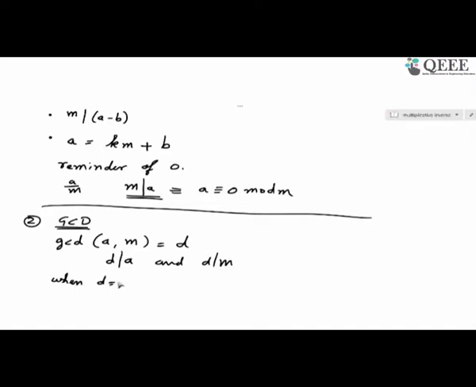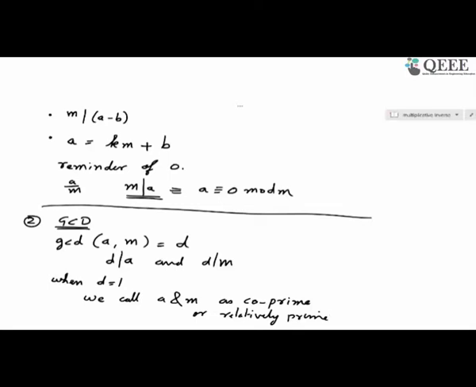When the GCD of A and M is equal to 1, we call A and M co-prime, or relatively prime.